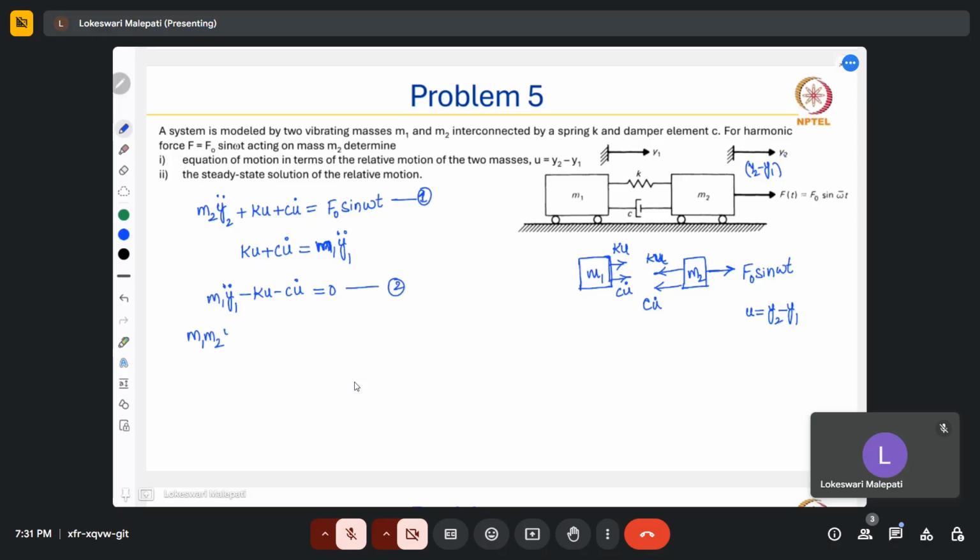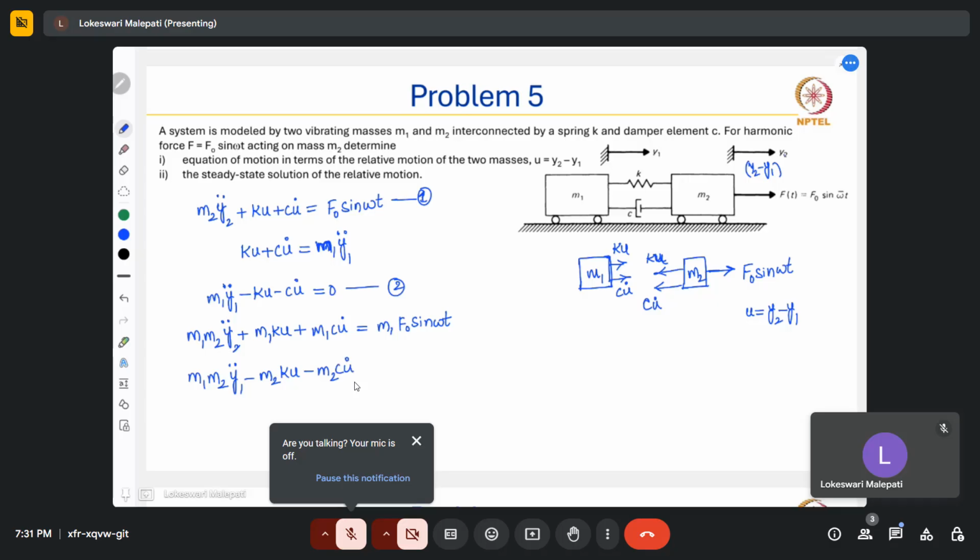M1 M2 y2 double dot plus M1 ku plus M1 c u dot is equal to M1 F naught sine omega t, and also equation 2 will become M1 M2 y1 double dot minus M2 ku minus M2 c u dot is equal to 0.